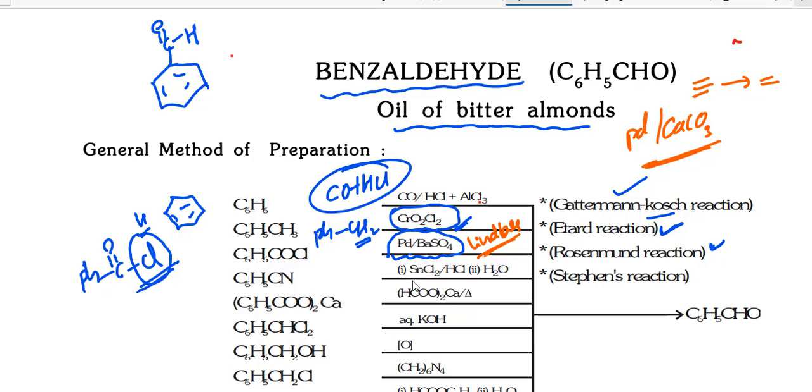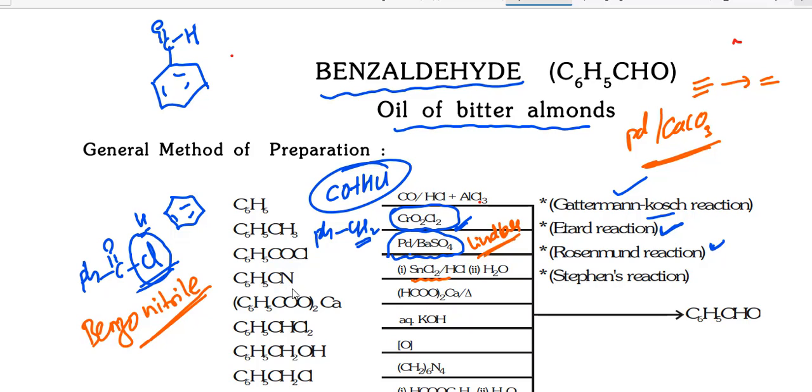Next, SnCl2 is a good reducing agent, cyanide to benzaldehyde. Cyanobenzene or benzonitrile to benzaldehyde. It is a good reducing agent.